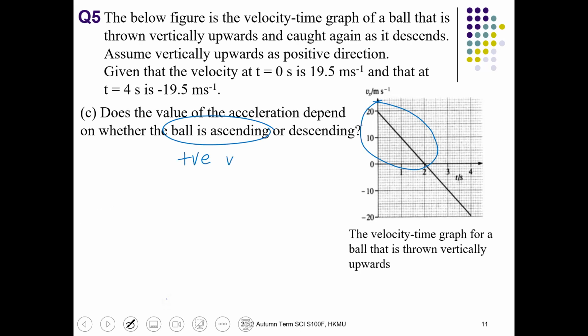For the case of the ball descending, this is dropping downwards. It should follow negative velocity. If we compare these two scenarios, whether the ball is going up or going down, what we can see from this graph, the VT graph, is that the slope remains constant.